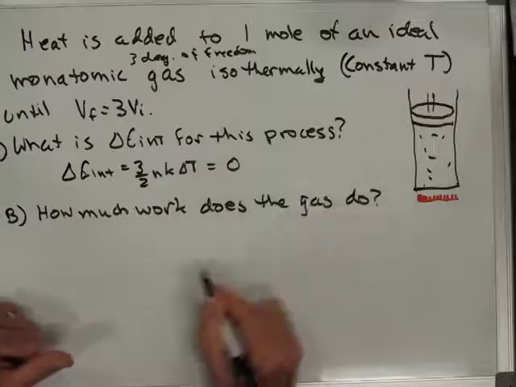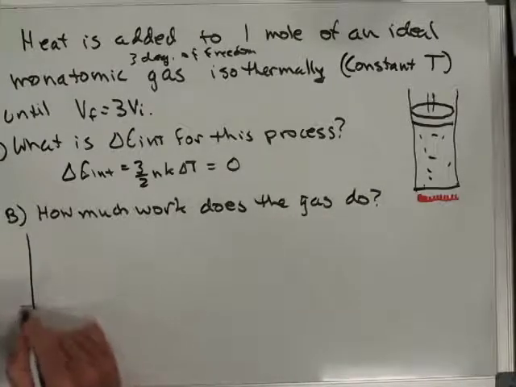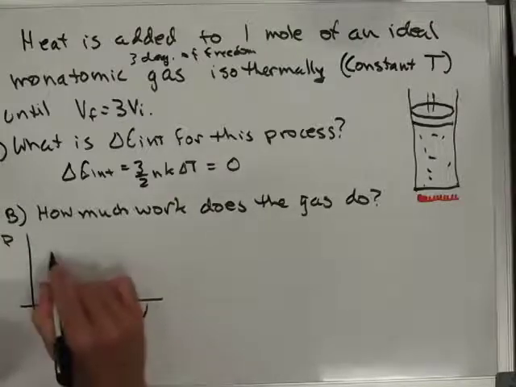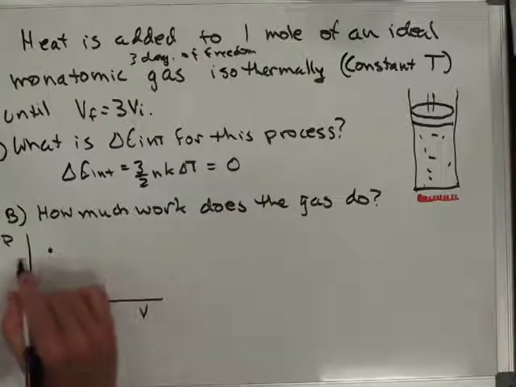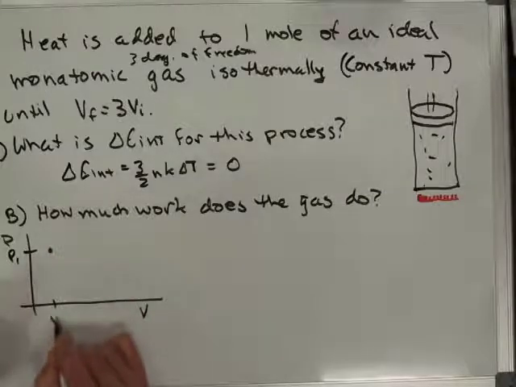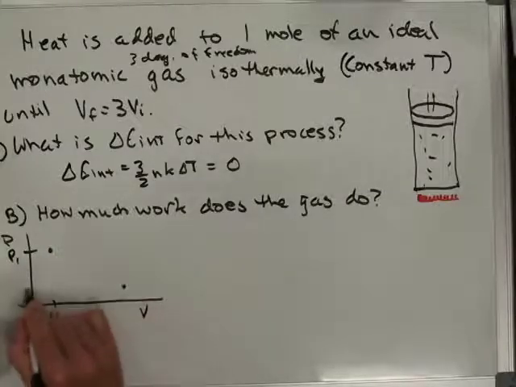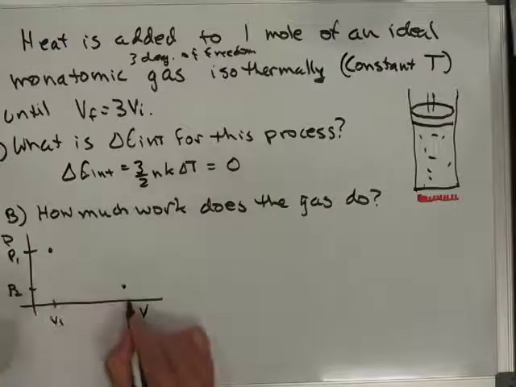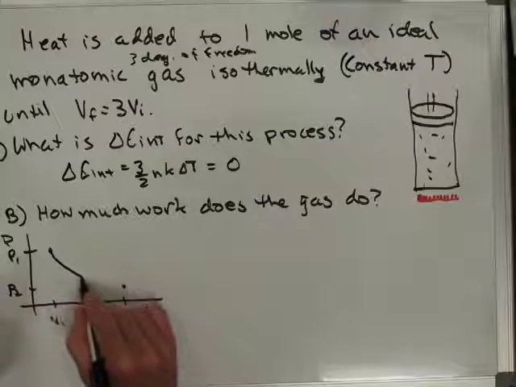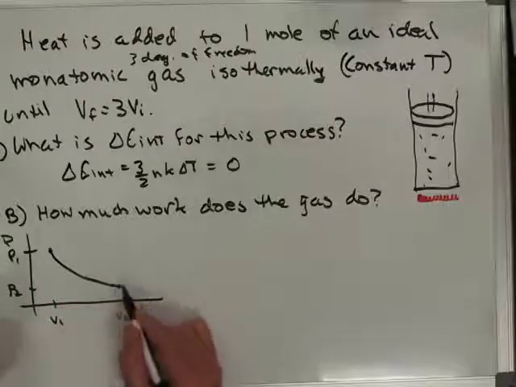how much work does the gas do? We touched on this before, right? And so I can draw a PV diagram like this, and I can say here's P1 and V1, and here is P2 and V2, and it's going to kind of do this, like that.